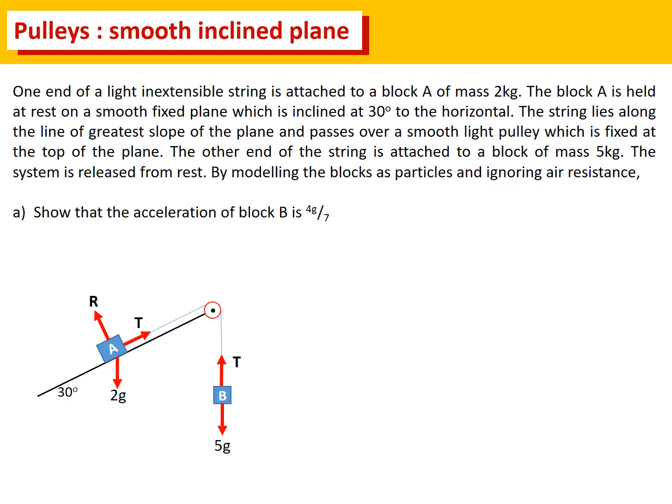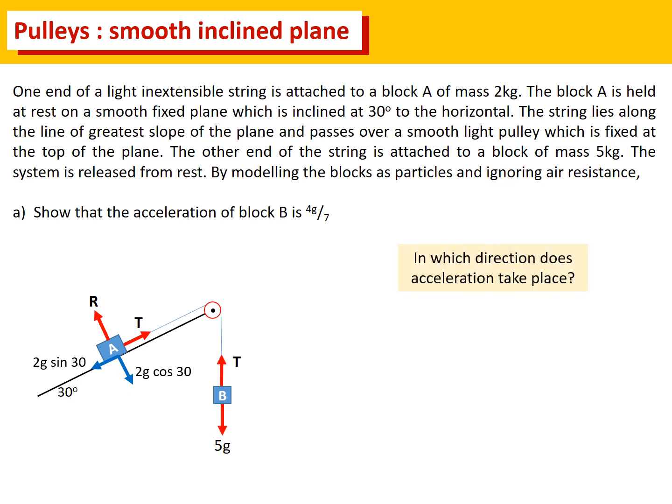So here's our example, and part A says find the acceleration in the system. So the weight of A, which is 2g, we're going to resolve that into its two components, 2g cos 30 and 2g sine 30, sine down the incline as a way of remembering. And then once we've put those components in, we can just eliminate the 2g weight from our force diagram.